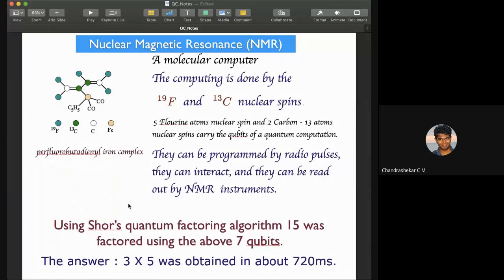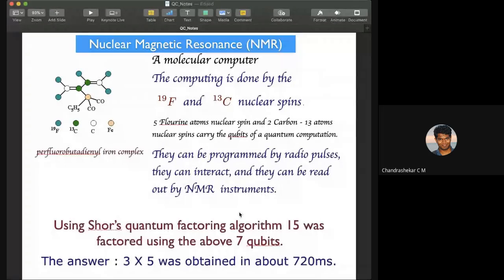So all that you are doing is you use magnetic fields to control the nuclear spins of them. There are 5 fluorine atoms' nuclear spins, and 2 carbon atoms, right? So totally 13 atoms are there.